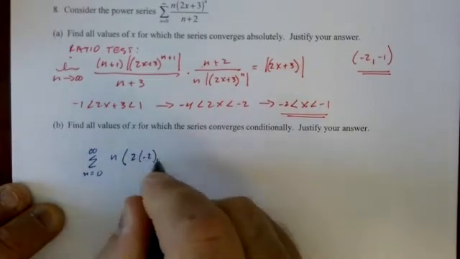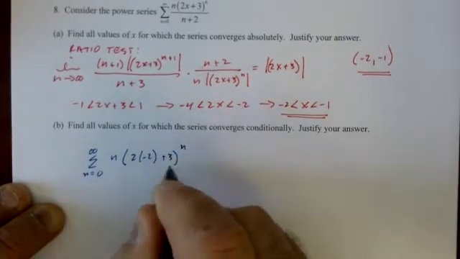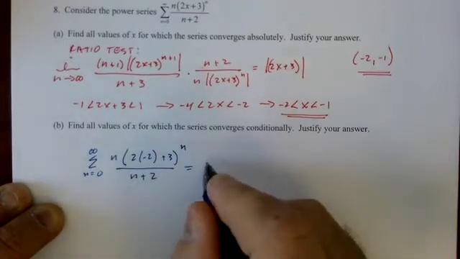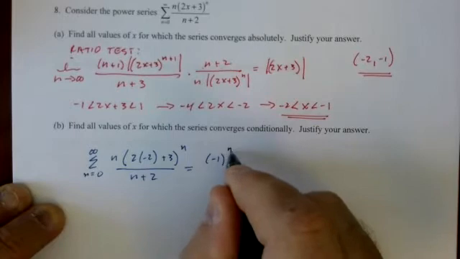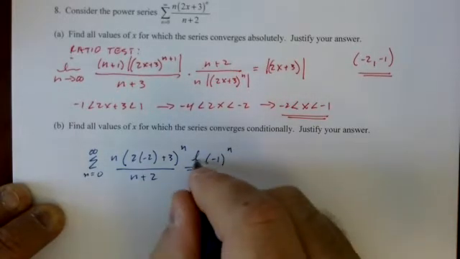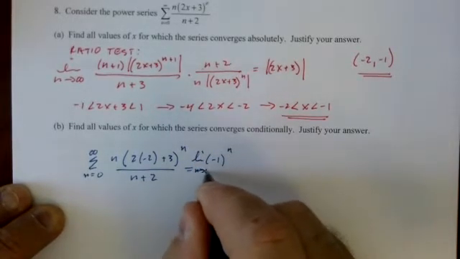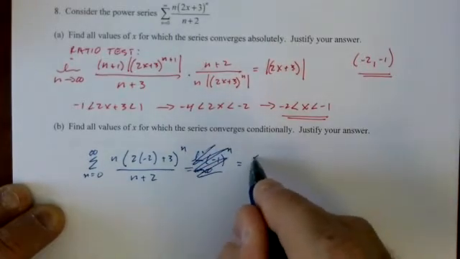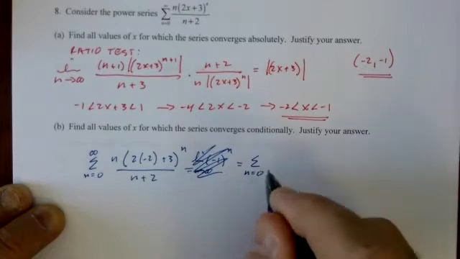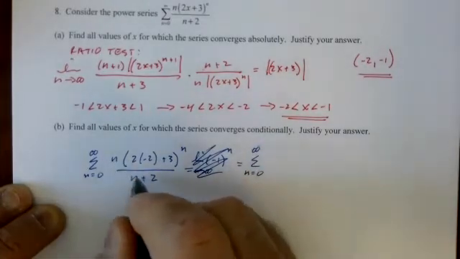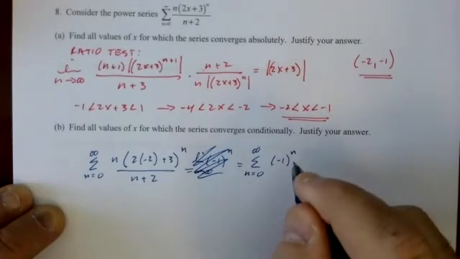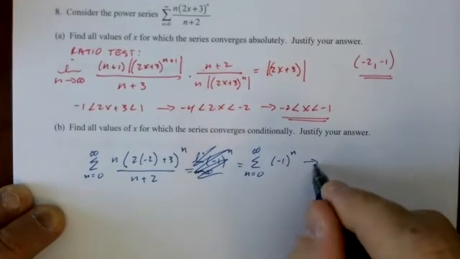At x equals -2, 2 times -2 plus 3 is -1, so we get the sum from n equals 0 to infinity of (-1) to the n, which diverges.